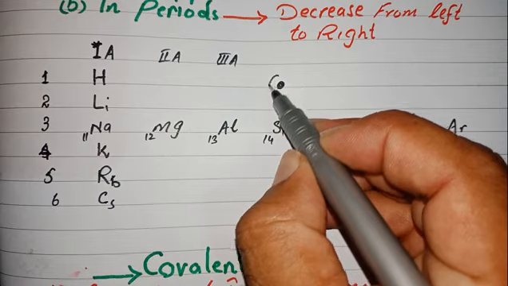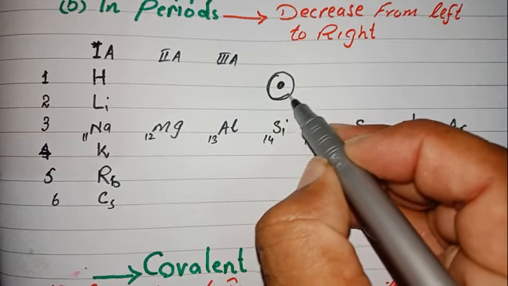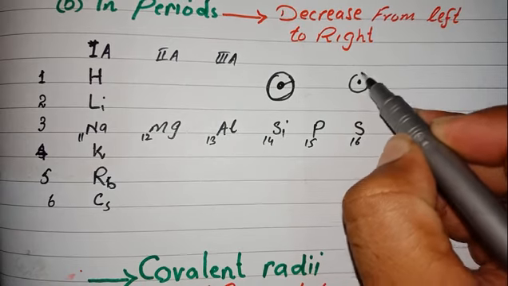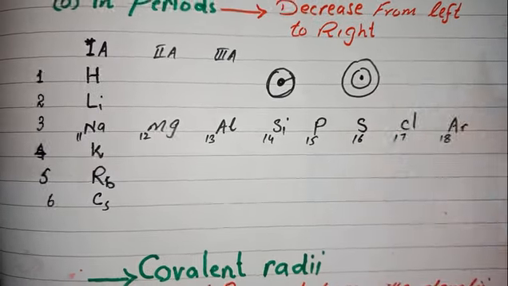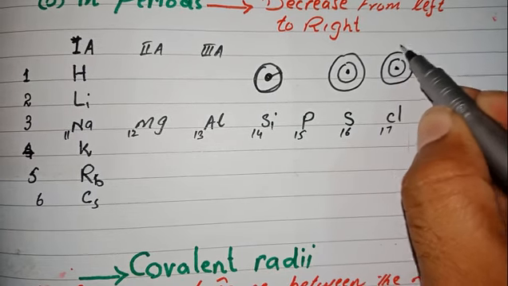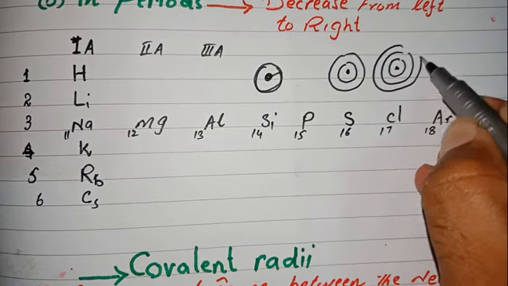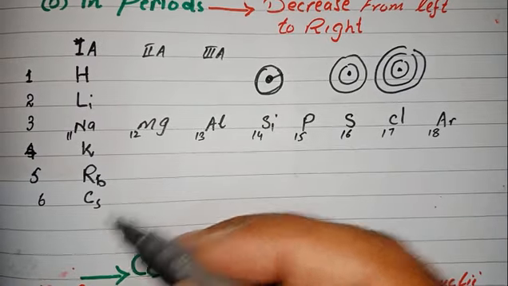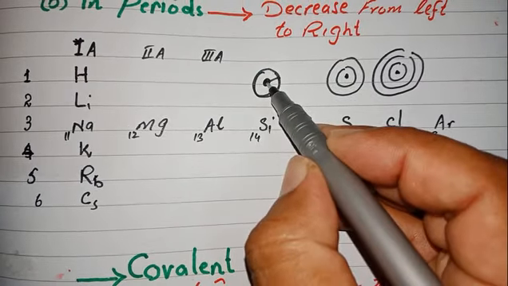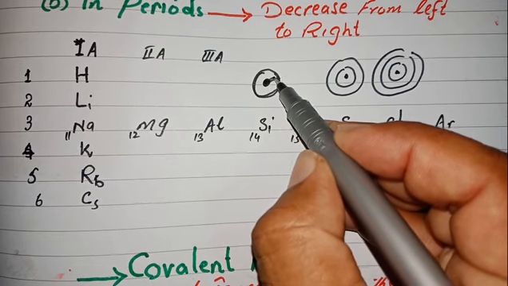Suppose this is the atom. For hydrogen, there is only one electronic shell. For lithium, there are two electronic shells. For sodium, there are three electronic shells. And as we move toward the bottom, the number of electronic shells gradually increases. So in hydrogen, there is a distance from the nucleus to the first shell.